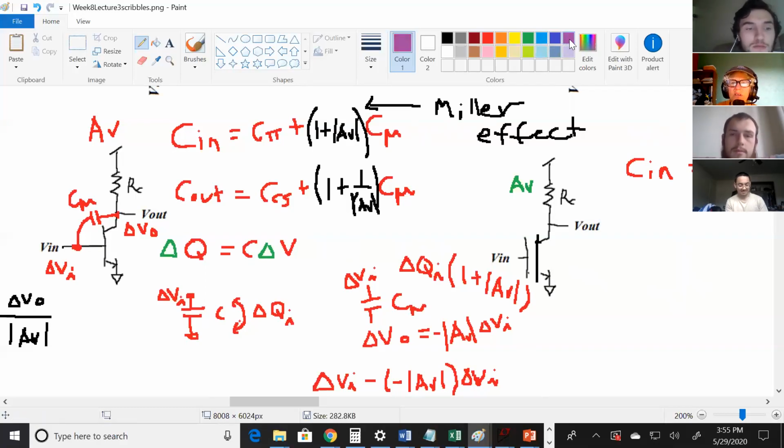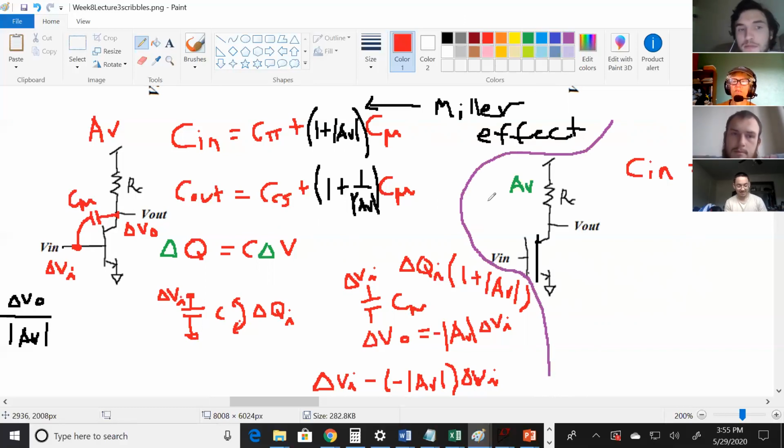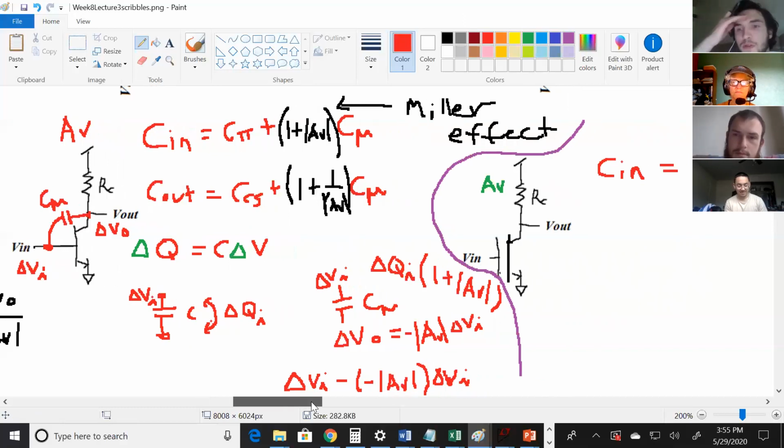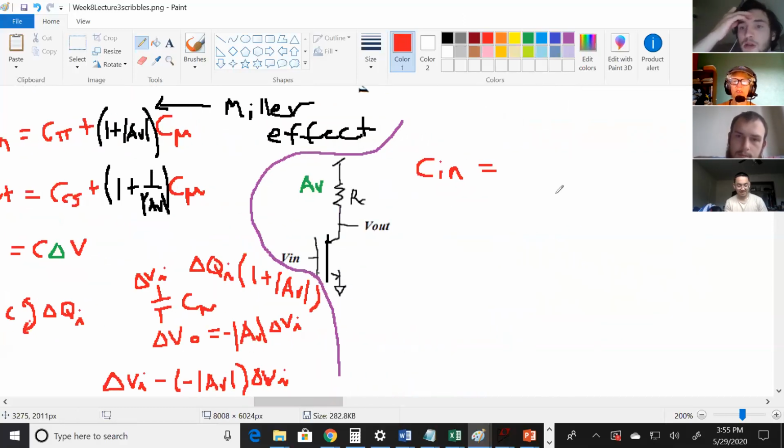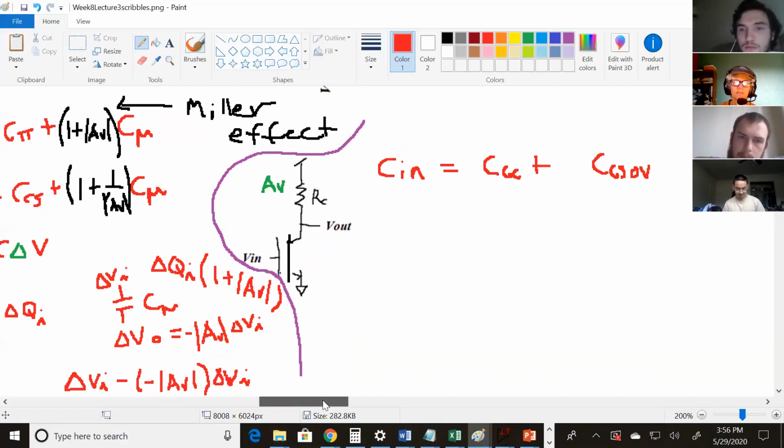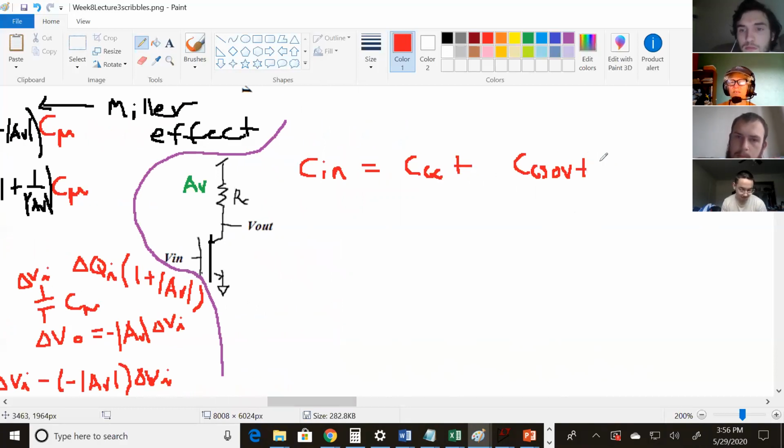Let's separate the BJT from the... Wouldn't it be the channel capacitance plus the 2 overlap capacitances? And then I'm assuming there's a similar Miller effect for the overlap capacitances.